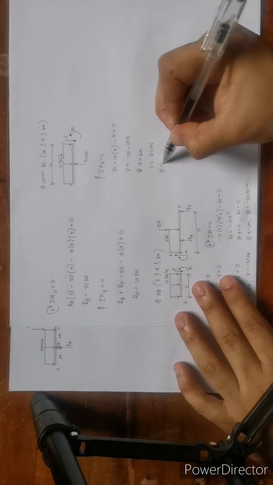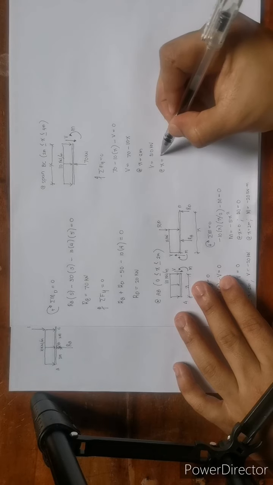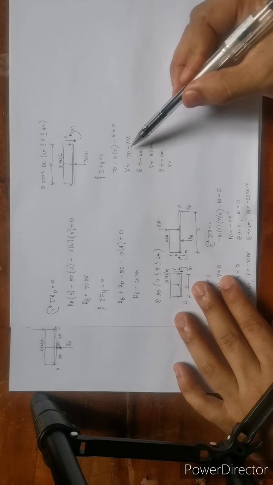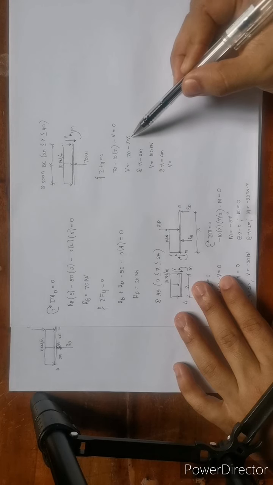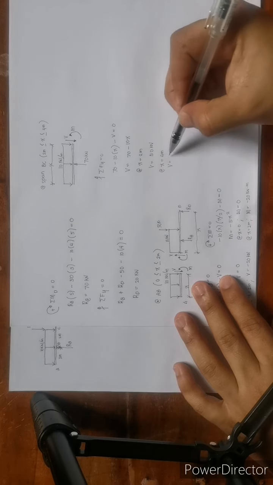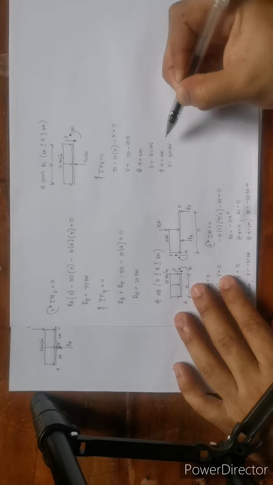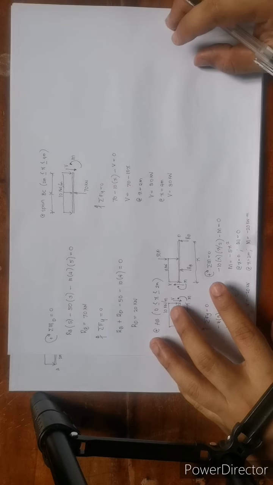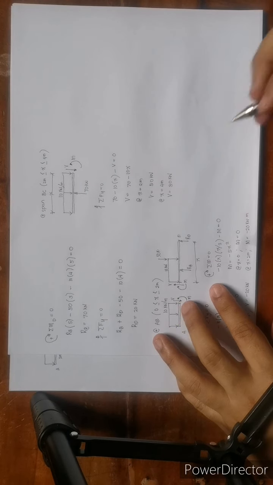And then, at x equivalent to 4 meters, what is V? 70 minus 10 times 4. So, 70 minus 40, that is positive 30 kilonewtons. Okay, gets po, guys? Okay, next one.